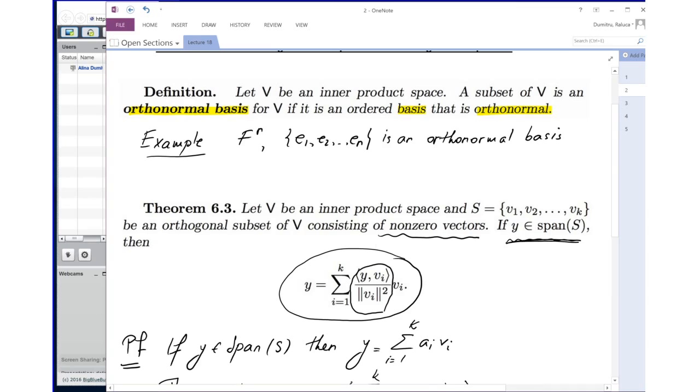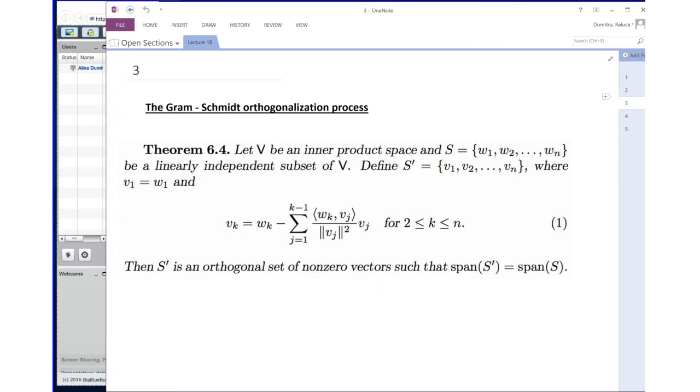Why do I want an orthogonal basis? Because it's very nice to represent things in an orthogonal basis. And once I have it orthogonal, I might even want to make it orthonormal, but that will be the easy thing. And the answer will be yes. And it's this messy thing called the Gram-Schmidt orthogonalization process.